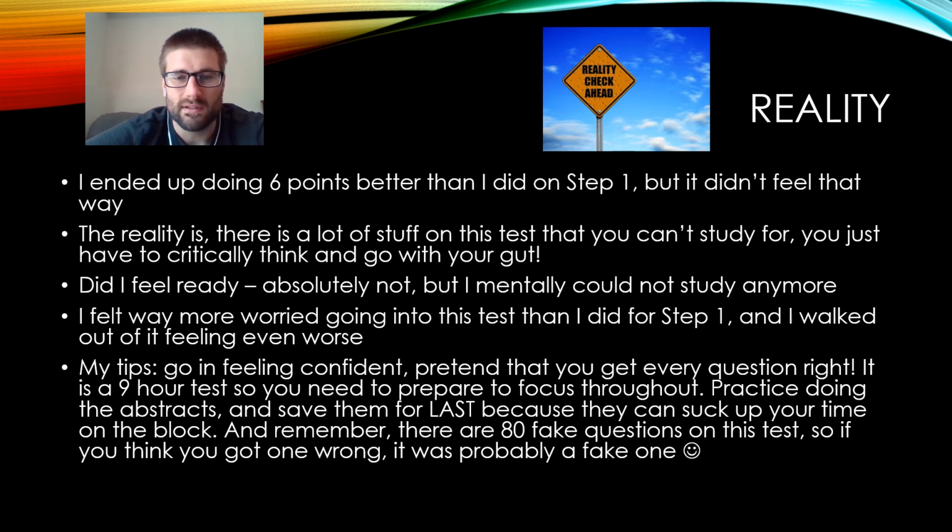A large amount of this test is what's the next best step, and when you go through these questions, you feel like all of them could be the next best step. You just have to go with your gut and try to be as least dramatic as possible. Go with giving them fluids, or the most easily done next step. If a 25-year-old female has lower quadrant abdominal pain, get a pregnancy test instead of doing a CT scan first.